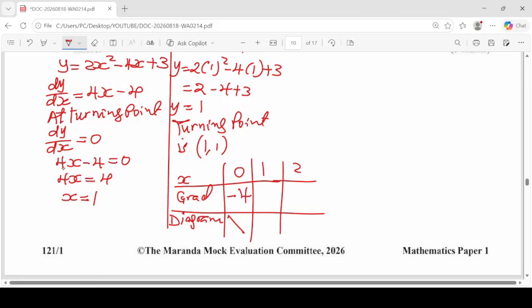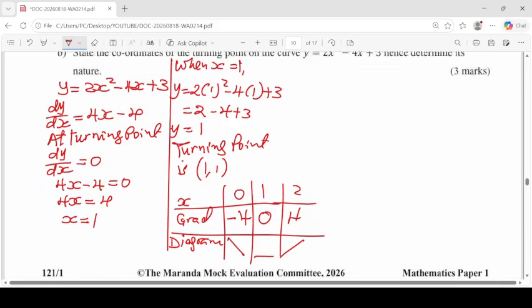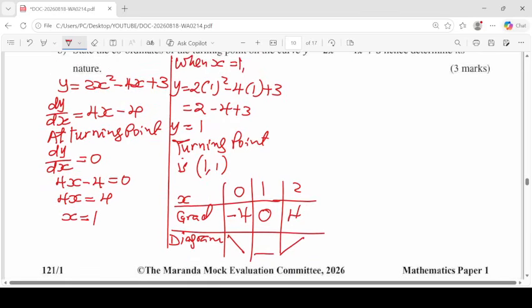When x is 1, it will be 4 into 1 minus 4, which is 0. Because the gradient is 0, meaning it's stationary. When x is 2, 4 into 2 minus 4, that is 8 minus 4, which is positive 4. So the positive gradient is that way. You can see from negative through 0 to positive, that makes this point a maximum point, sorry, a minimum point. We are now going to say the point 1, 1 is a minimum point.